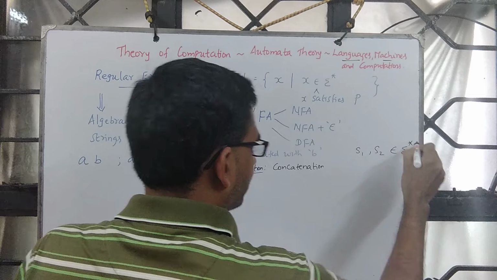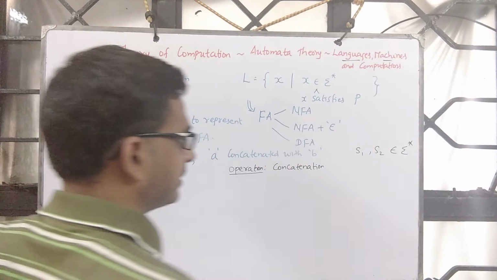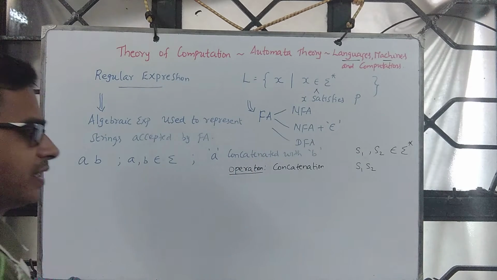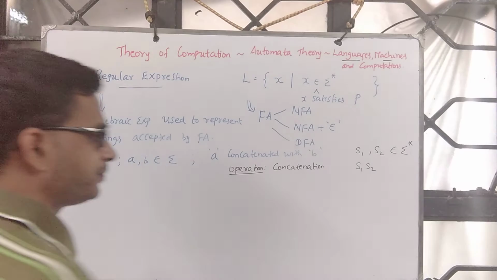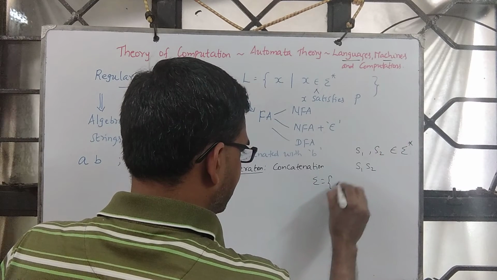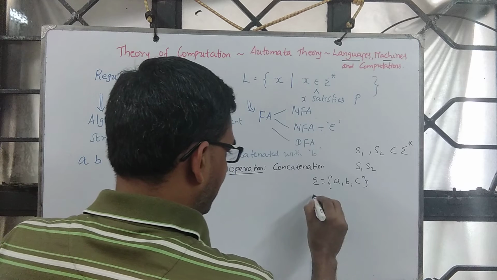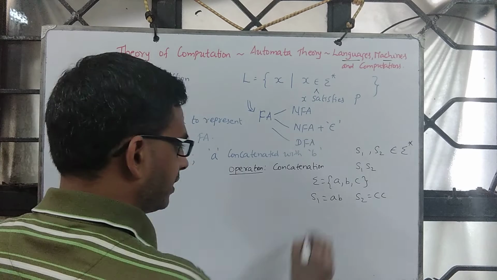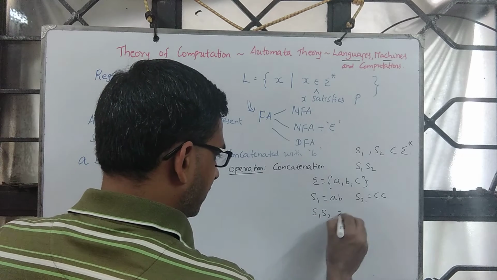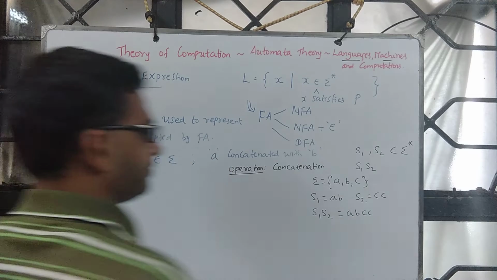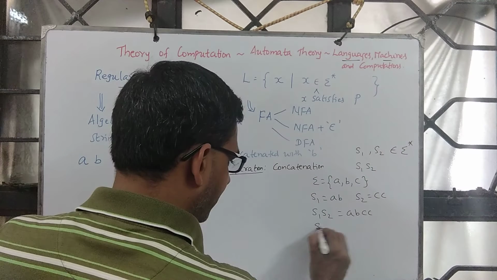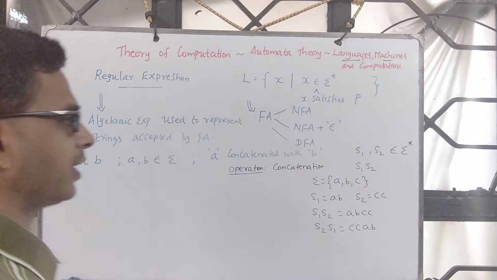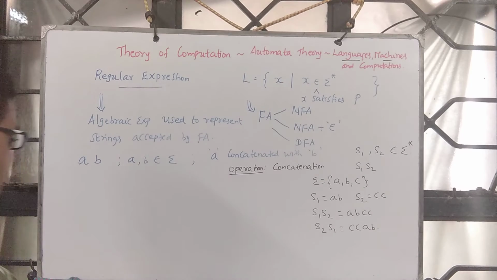They belong to sigma star for some finite alphabet sigma. One can talk about S1 S2, which is S1 concatenated with S2. For example, if sigma is ABC and S1 is AB, and S2 is CC, then S1 concatenated with S2 is ABCC. One can also define S2 concatenated with S1, which means CC followed by AB. So concatenation is one operation.